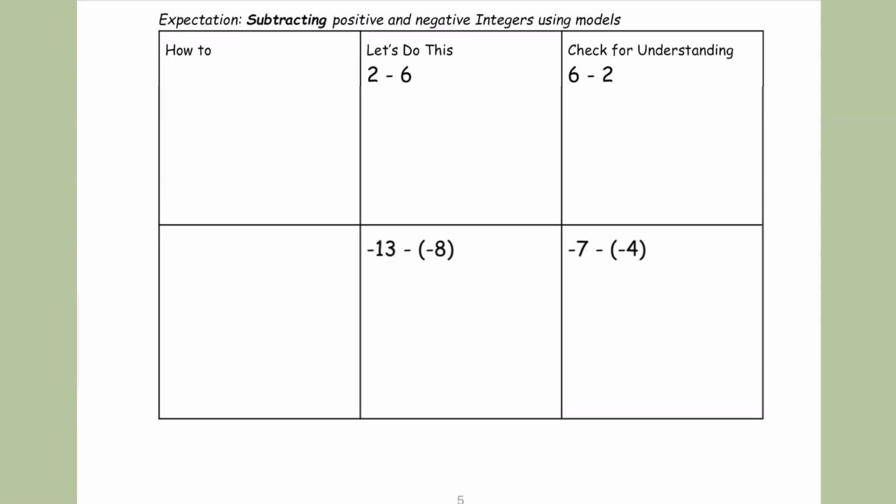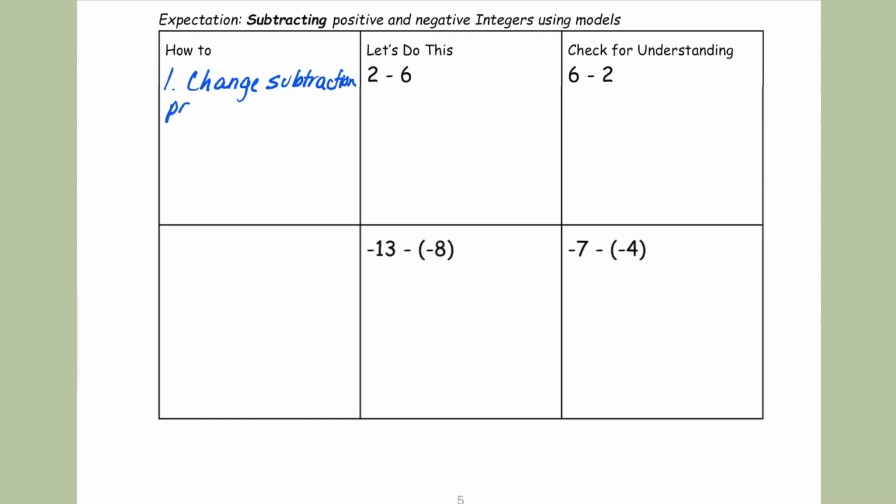All right, now let's practice subtracting positive and negative integers using models this time. The way that we're going to subtract these using models is we can use keep change flip again to change our subtraction problem to an addition problem.